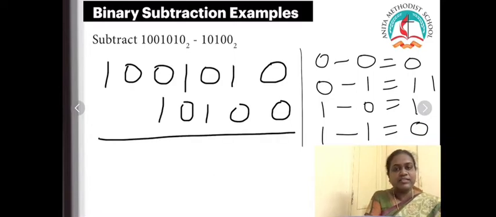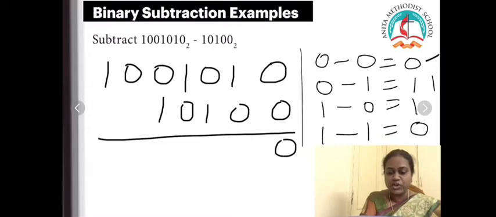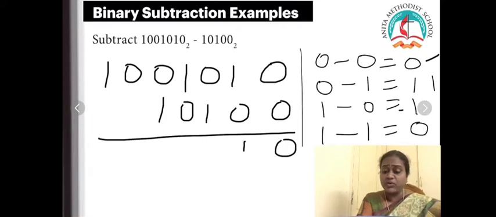So I am going to subtract this straight away. I am going to cross check with my rule here. So 0 and 0 will be 0. So I am going to write 0 over here. Here 1 and 0 is 1. So I am going to write 1 here. For the third set, it is 0 and 1. So 0 and 1, the difference will be 1 and the borrow will be 1.